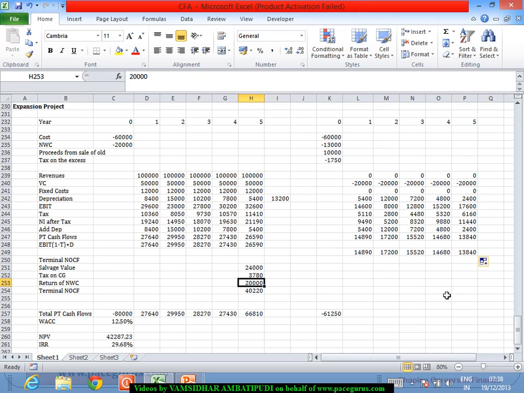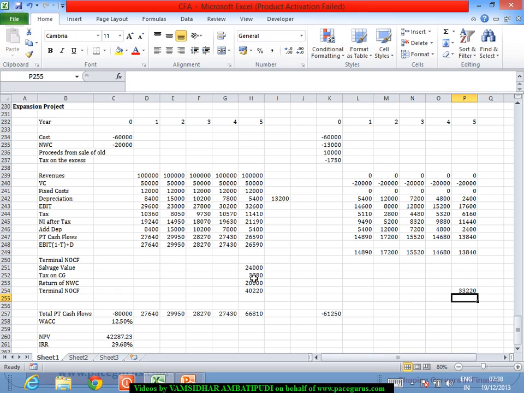So in this case I can compute the terminal cash flows as 24,000 minus 3,780 plus only 13,000 as the return on the net working capital.